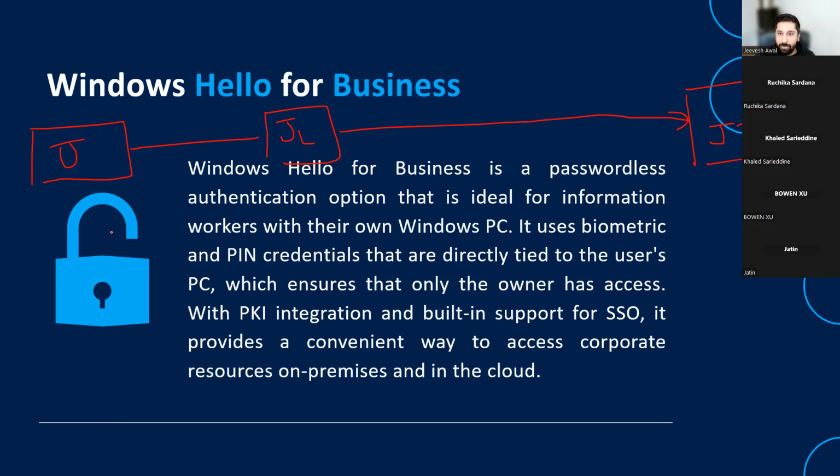Because let's say if tomorrow Khalid is able to access my laptop due to any XYZ reason, then Khalid can, because the entity is not tied to me, the entity is tied to the laptop. So if Khalid is able to somehow gain access to my PIN, open my laptop, that laptop will be allowed to access the payslip. Does that make sense? Here it is more like you are giving access, you're using SSO for the resource rather than SSO for the person. Does that make sense to all of you?